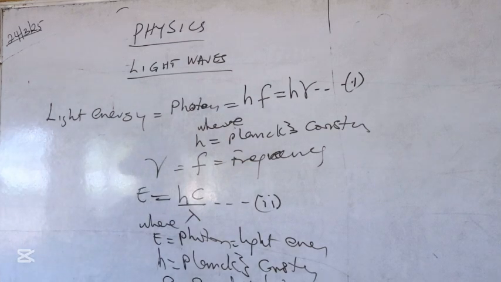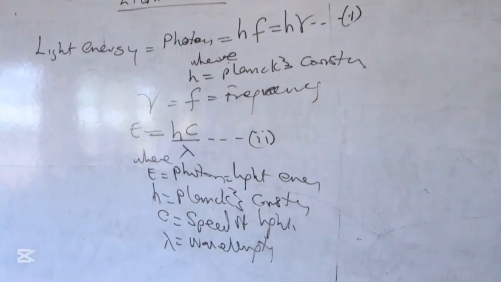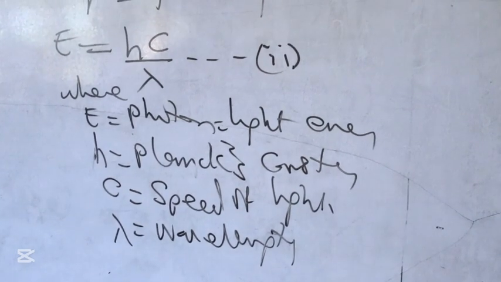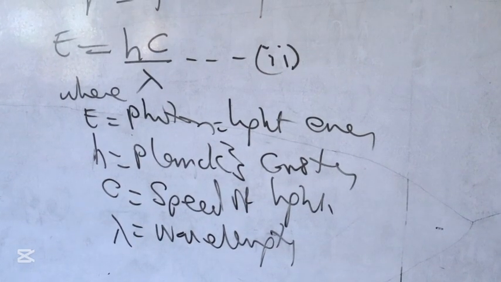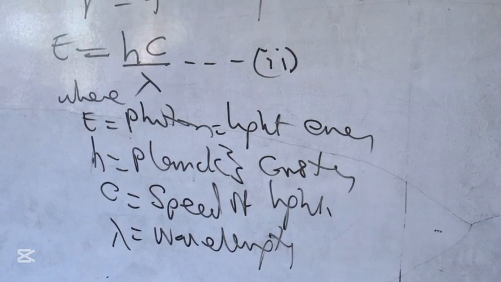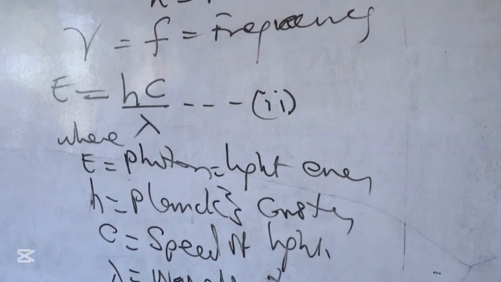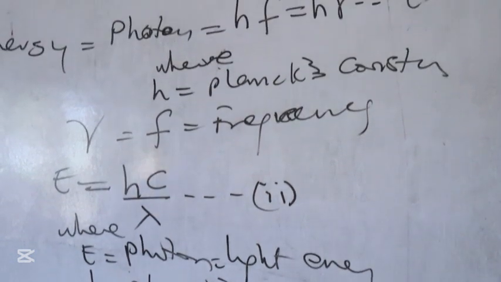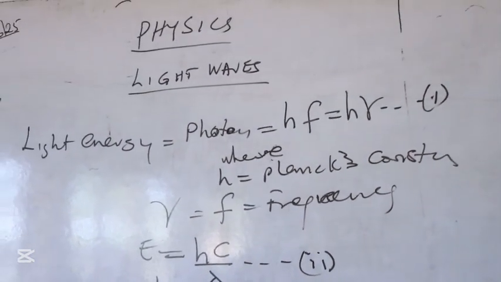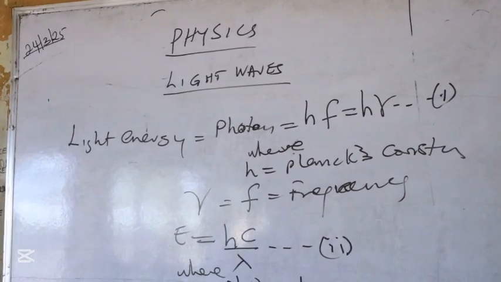I said it when we were talking about waves the other time, that a wave is a carrier of energy. It carries energy from the source to the eyes of the observers. It is the energy that the eyes receive that stimulates and causes vision. Without the energy getting to you, the sensation of vision may not be stimulated.